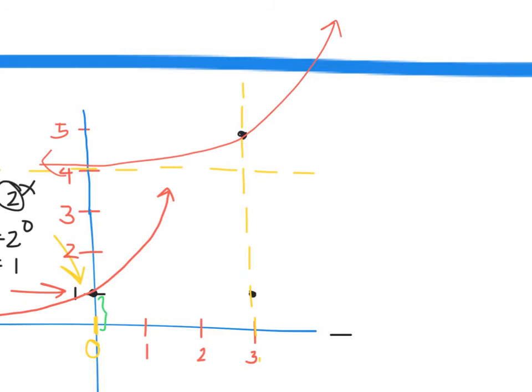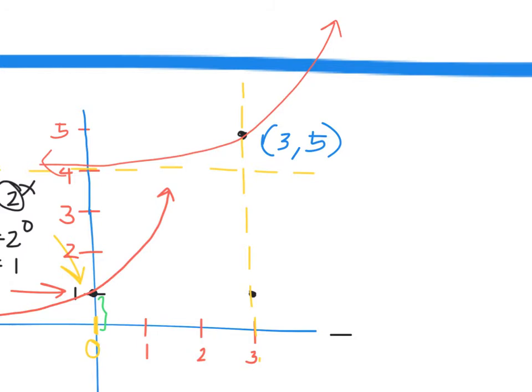If we name this point, this is actually at x equals 3, and y equals 5. From (0, 1), it became (3, 5).